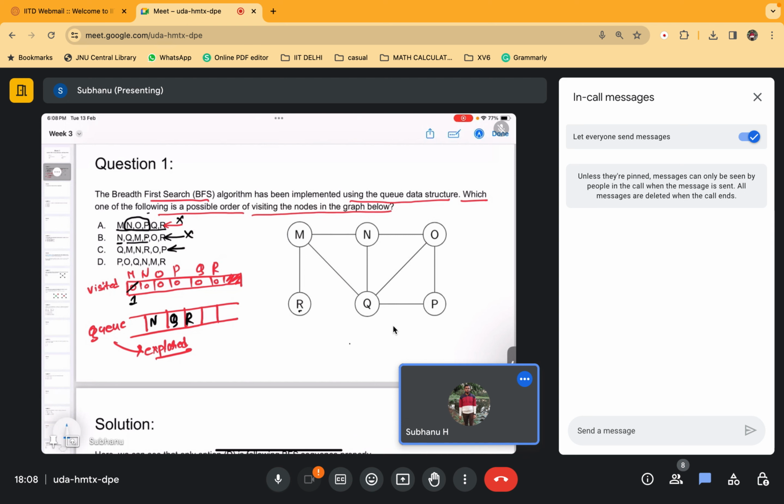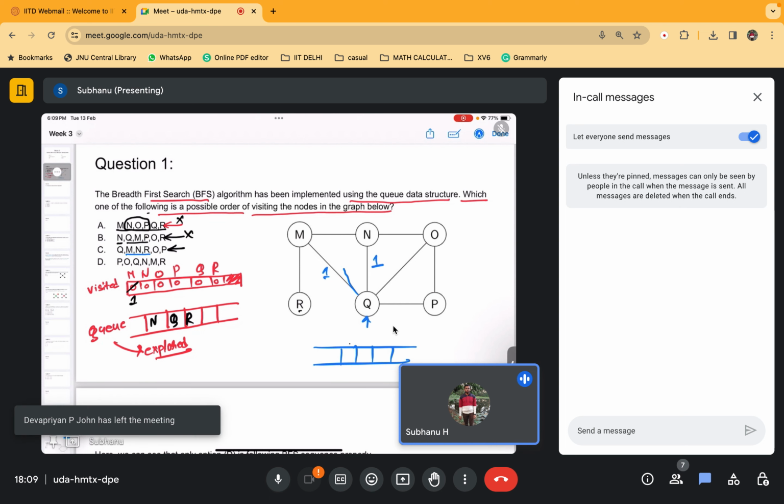If we start from node Q, then M, N, R. M is one hop and N is also one hop, but R is not one hop distance from Q. The nodes at one hop distance from Q are M, N, O, and P. So this option is also not correct.